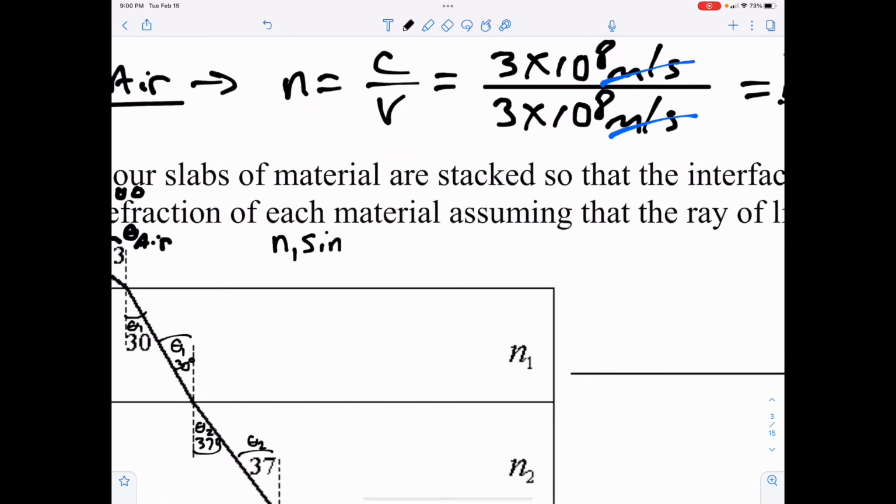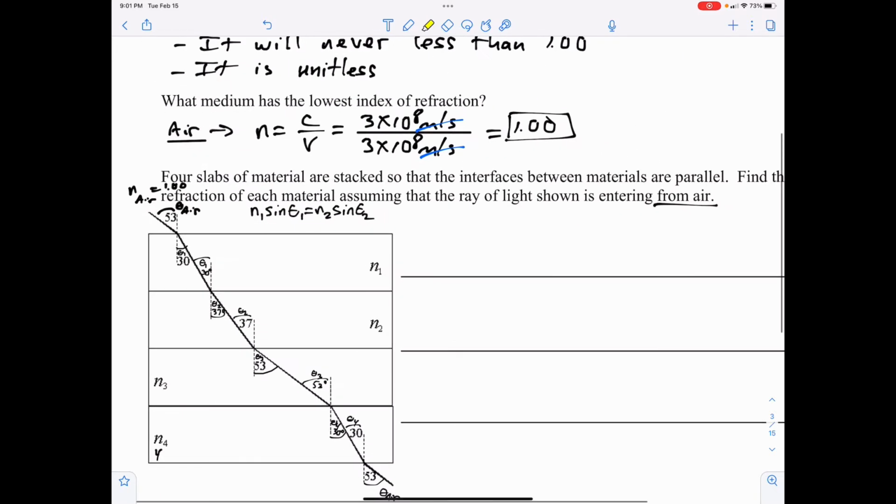N1 times sine theta 1 equals N2 times sine theta 2. Now this is the generic equation where N1 and N2 are the first and second medium. Okay, now I'm going to be using a different number scheme because I have N air, N1, N2, N3, N4. So I'm going to be using the numbers that correspond to these.